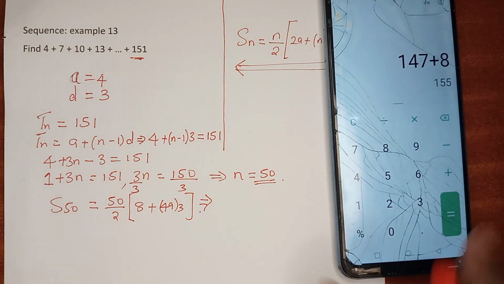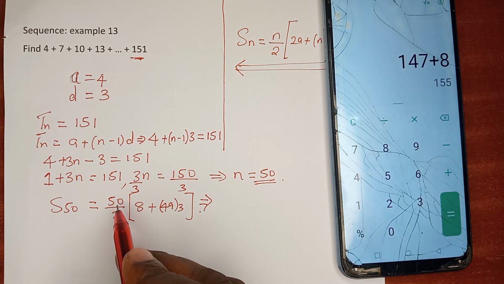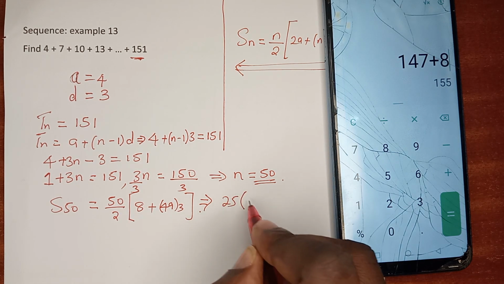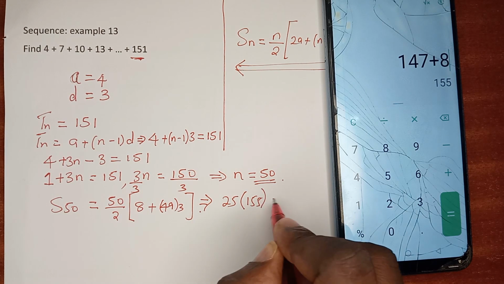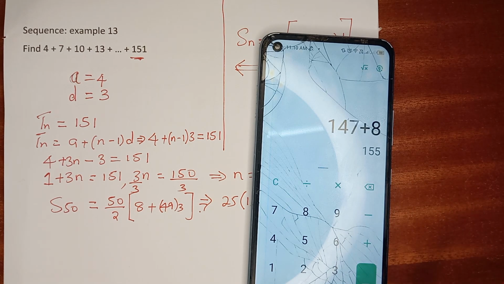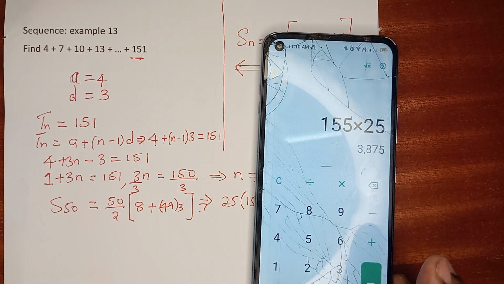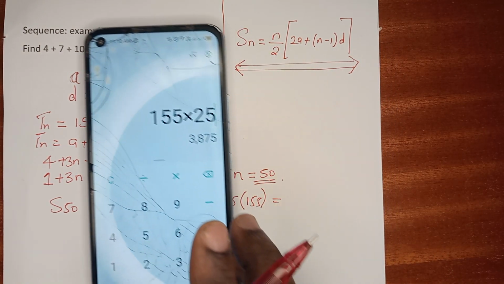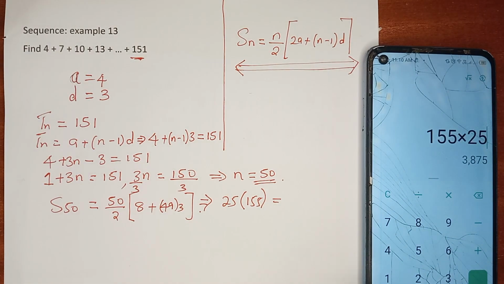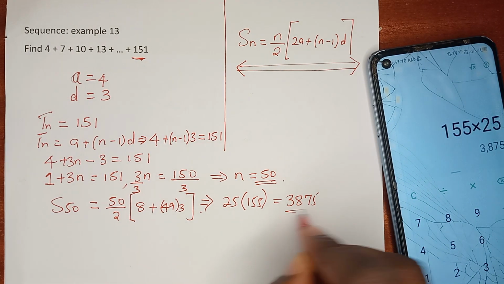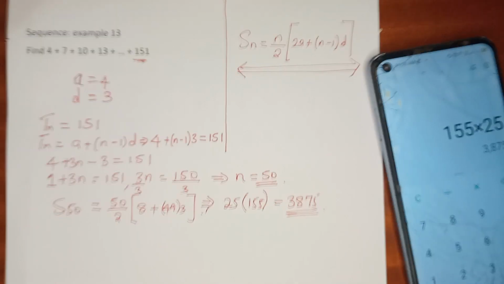So the sum of, and then the 50 divided by 2, this is 25 multiplied by 155, and we are going to get 3875, which is the sum of the first 50 terms of the sequence. And that is just like it.